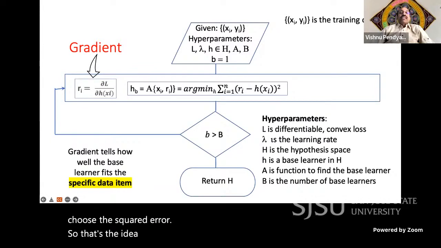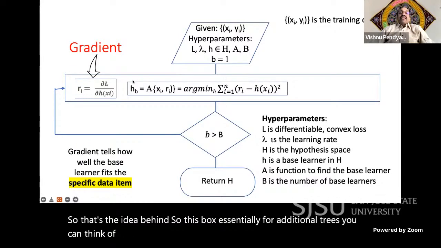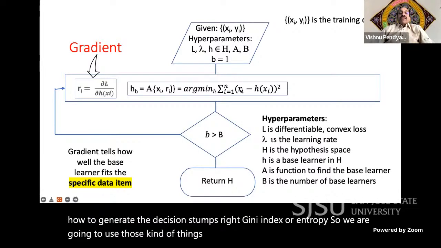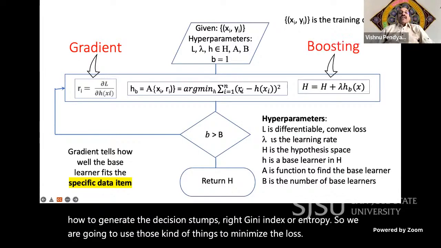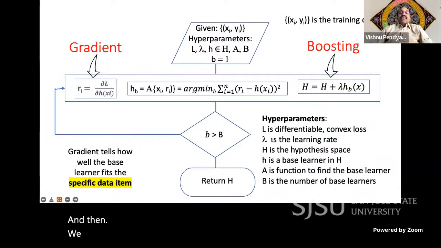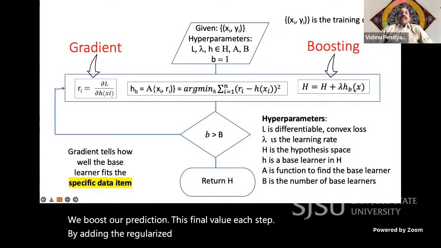So for our decision trees, you can think of this box as generating the decision stump. So the split value, you know how to generate the decision stumps, right? Gini index or entropy. We are going to use those kinds of things to minimize the loss. And then we boost our prediction, this final value, at each step by adding the regularized prediction from the base learner.